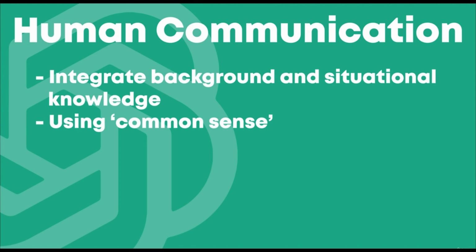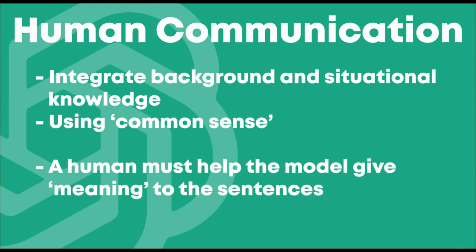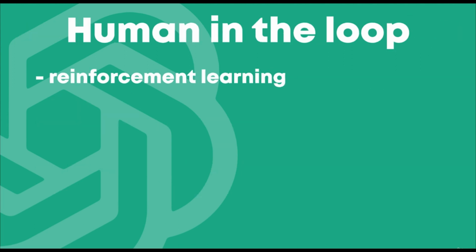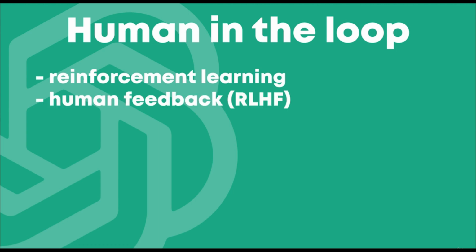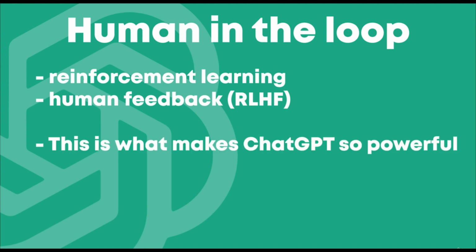So the model has to learn a way to give meaning to each sentence in order to give a proper response. To increase the model's grip on the meaning of a given sentence, a human-in-the-loop approach is required. A human is introduced to the system using a technique called reinforcement learning from human feedback, or RLHF. The introduction of this step is the secret to ChatGPT's success in conversing with humans.